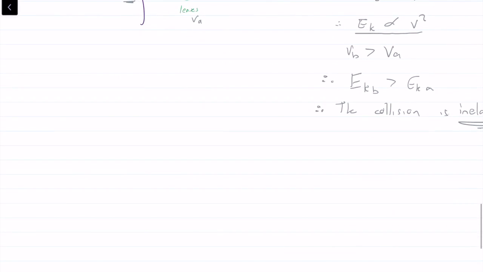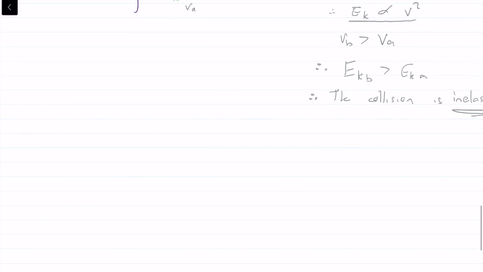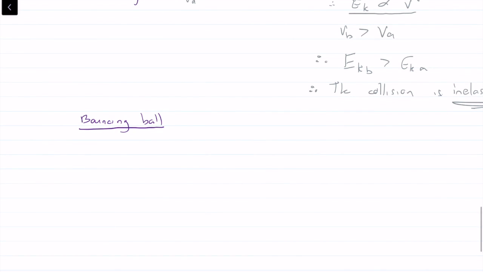If we were to go on to another example, let's use a bouncing ball again. But this time, let's have the ball look something like this. So we have a ball and we have the ground right here.